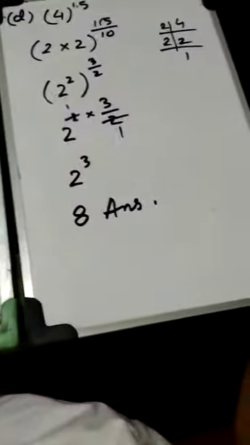So we have solved these 4 questions. Now the fifth part is here. D part is written over here and E part is here.